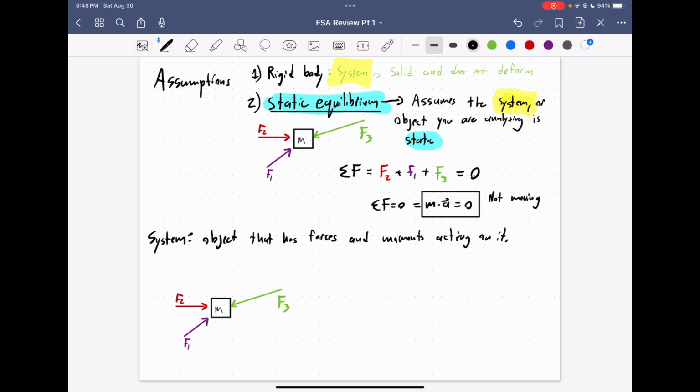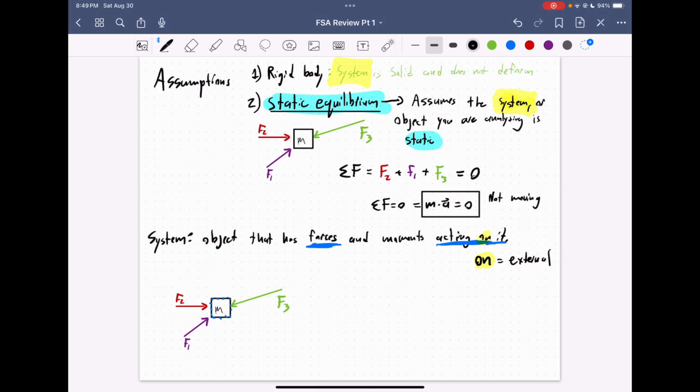The system is the perimeter of this box, because the forces are acting on it. So I like to see the "on." The "on" is very important, because that is, in my mind, external, right?